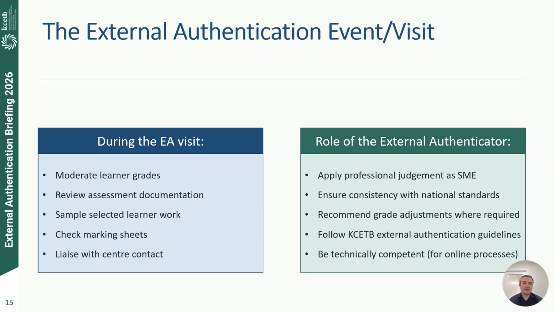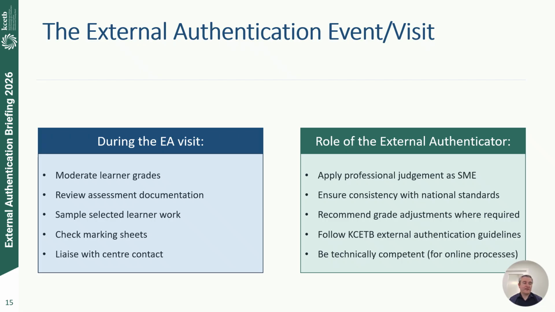But it is important that it's looking at the learner grades against the national standard and ensuring that the learners have been graded appropriately. The role of the EA again is to apply your professional judgment as subject matter experts.